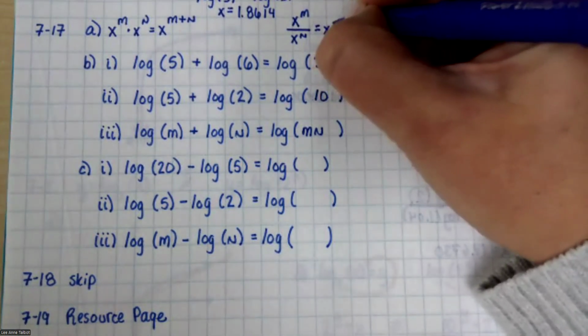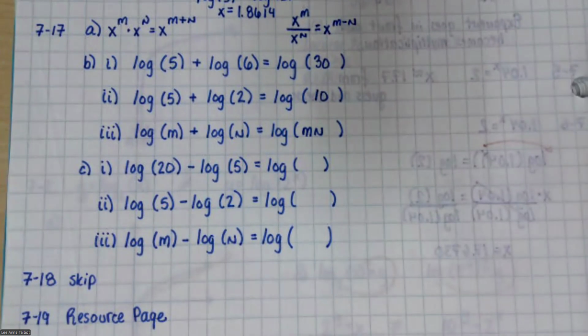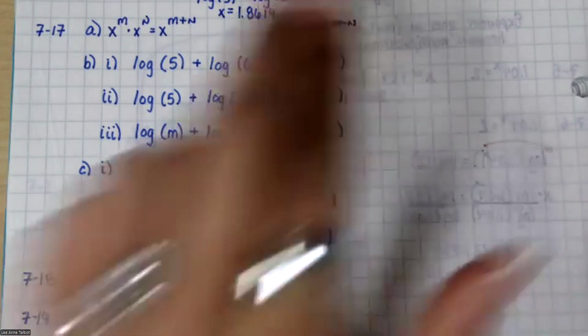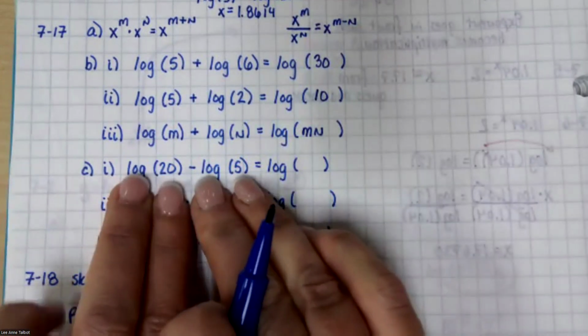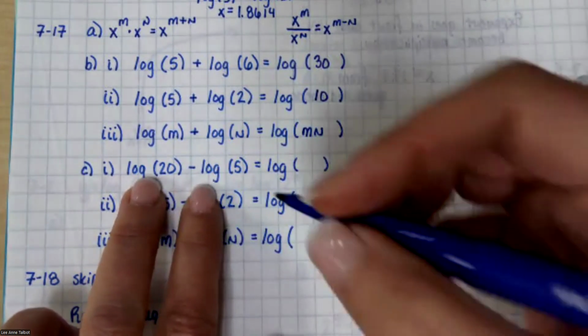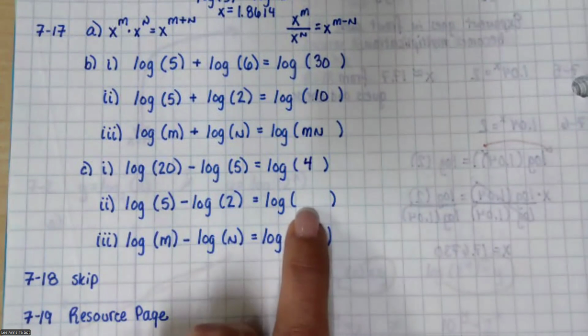Subtracting. I know that my freshmen this year, it's their fave. Okay, so if I'm subtracting exponents, what operation is it? Division. Okay, and so this is 4, and then I'm going to try to trick you right here.